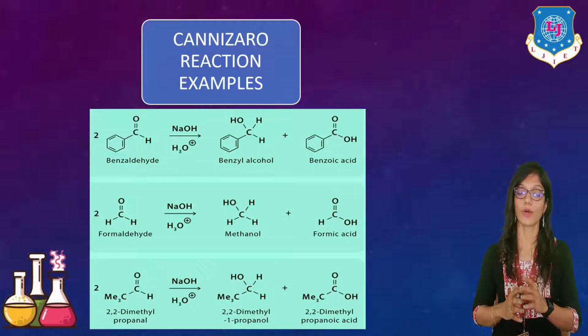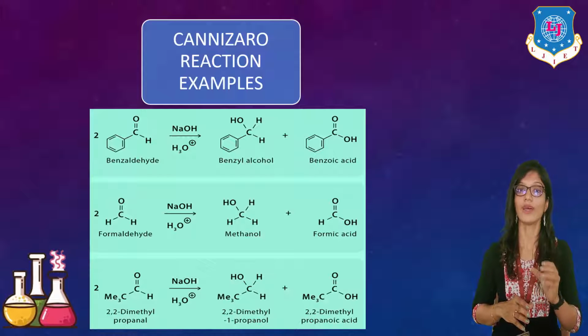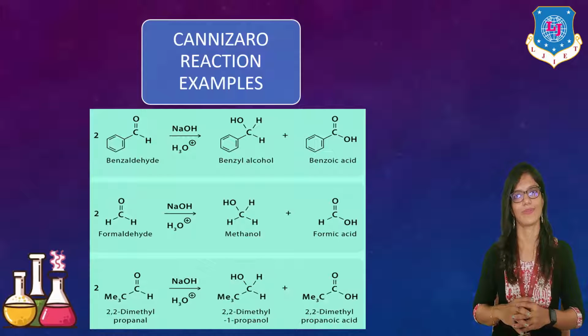The first compound is benzyl alcohol, which has an alcohol functional group, plus benzoic acid, which is benzene containing a carboxylic acid functional group. So in this first example we convert benzaldehyde to benzyl alcohol and benzoic acid.